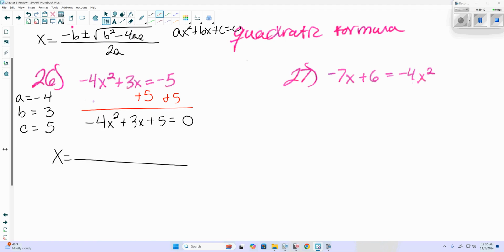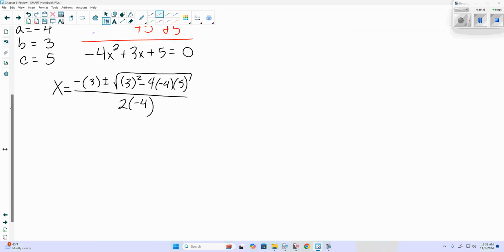So negative B, so we'd have negative 3 plus or minus, guys, up here, face forward, thank you, the square root of B squared, so 3 squared minus 4 times A times C, so 4 times negative 4 times 5, all over 2 times negative 4.